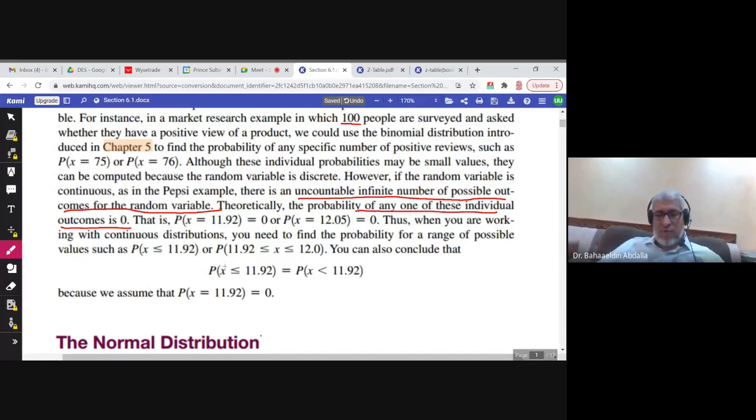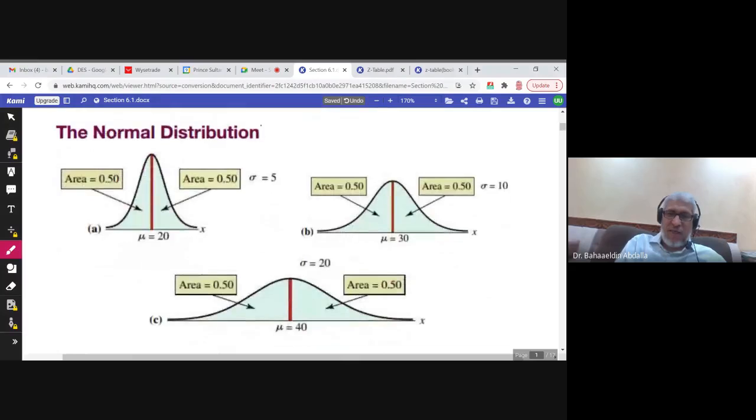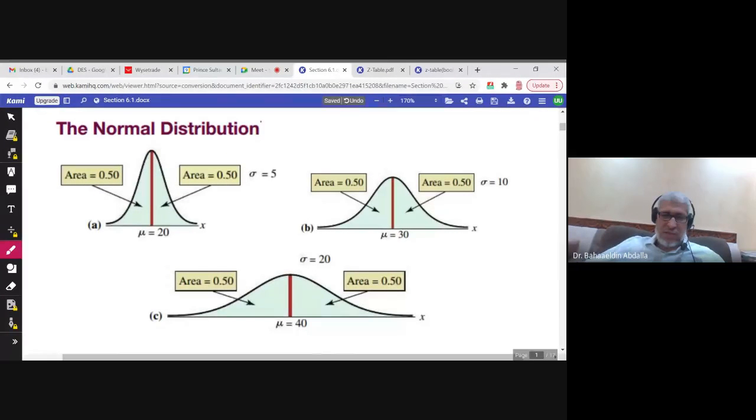So in a continuous probability distribution, the probability that X equals any number is 0, and the probability that X is less than or equal to is exactly the same as the probability of X less than, because the probability of X equal to 11.92 is 0. Please pay attention to this difference between discrete and continuous probability distributions.